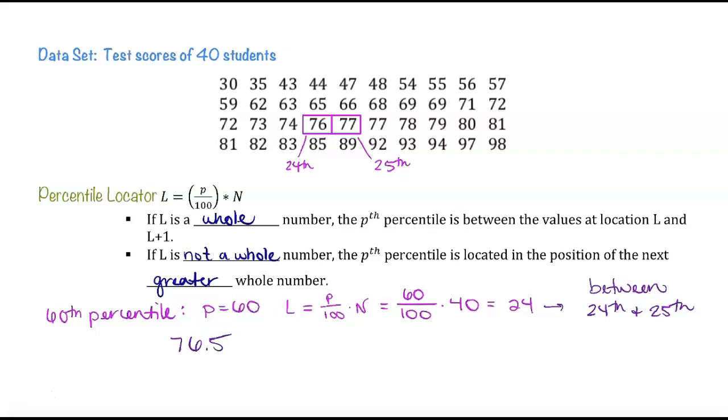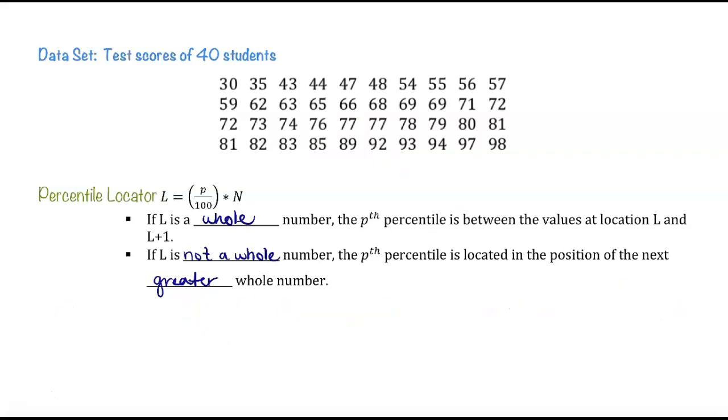Let's try another example. Suppose at this time we want to find the 72nd percentile. In other words, we want to find the test score such that 72% of the entire class scored less than or equal to that score. We will calculate L by finding P over 100 times N. And in this case, with looking for the 72nd percentile, P is equal to 72. So we'll do 72 divided by 100 times our N, which is 40.